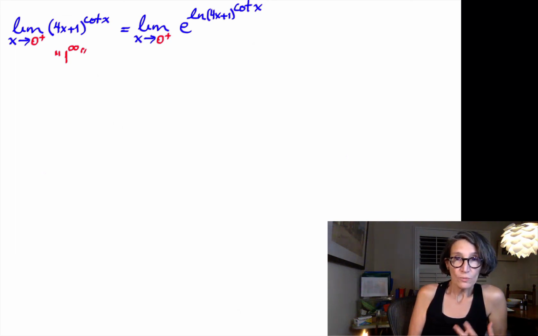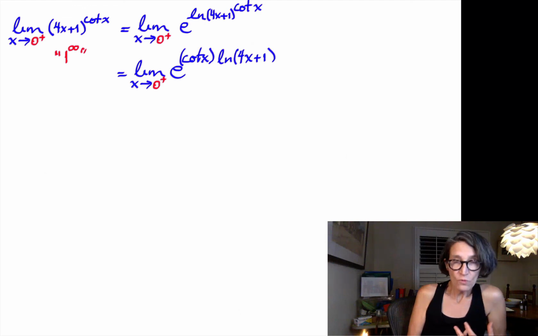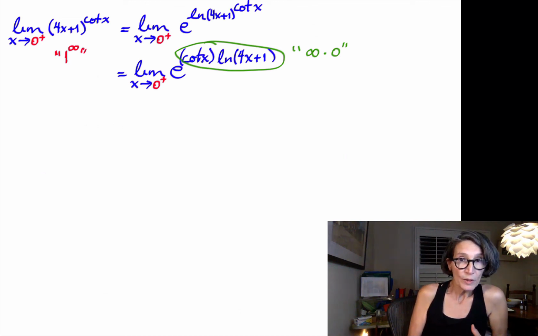And now we use the properties of logarithms to rewrite that exponent as the cotangent of x times the natural log of 4x plus 1. And so now, if we look at that exponent, that has indeterminate form infinity times 0, and we know for an indeterminate product, we just rewrite it as a quotient.